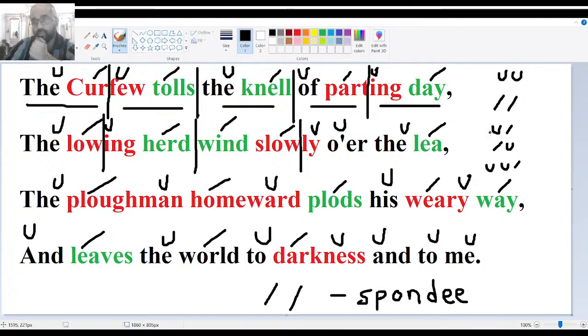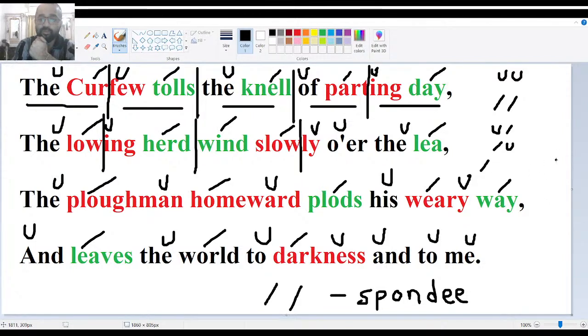This goes with iambs. You find these in iambic passages only. And corresponding to trochees, you have something like this: one stressed syllable followed by two unstressed ones, which is called dactyl.